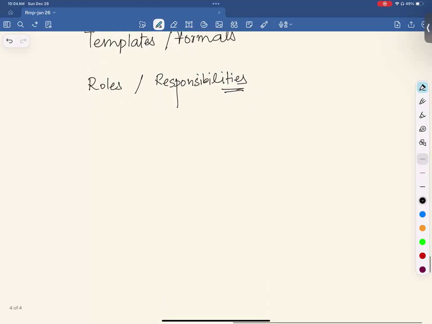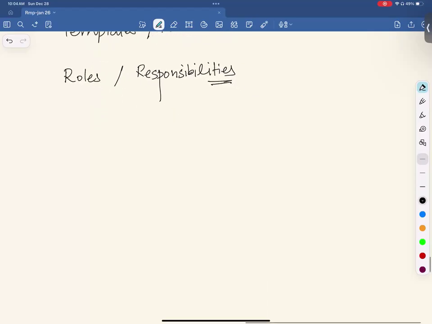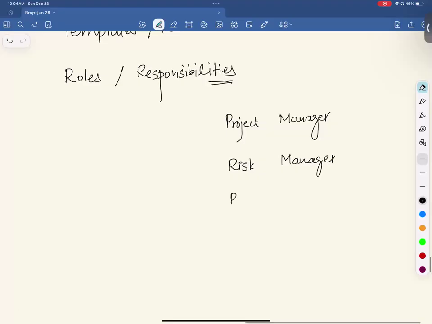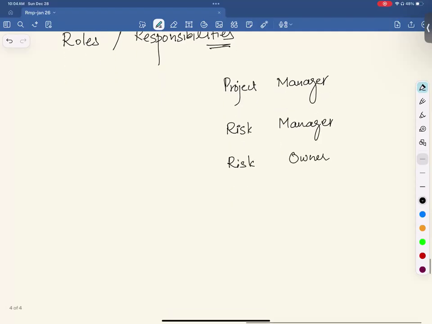Now, when we talk about roles, there are 4 different types of roles in risk management. One is project manager. Second is risk manager. Third is risk owner. And fourth is risk action owner.